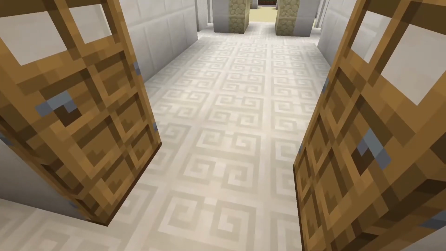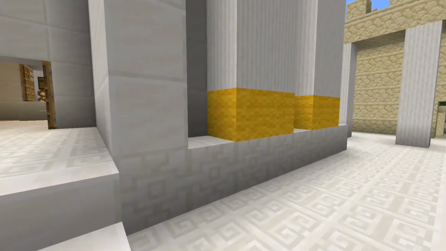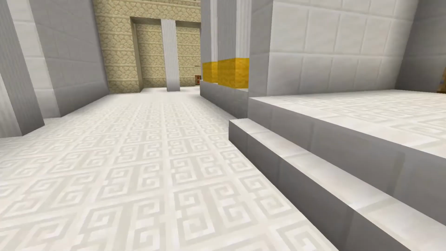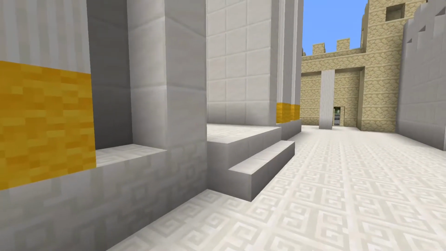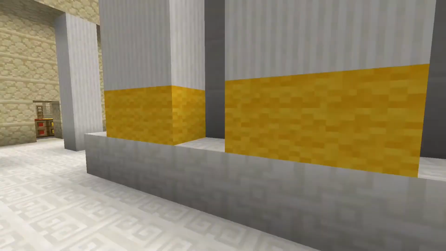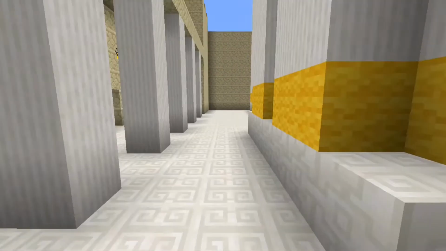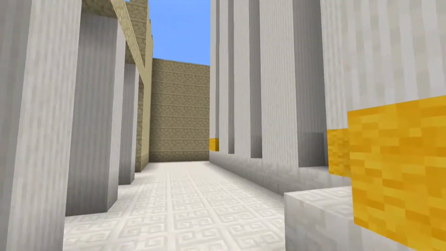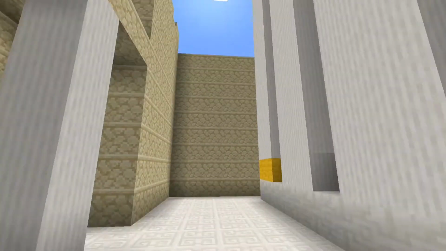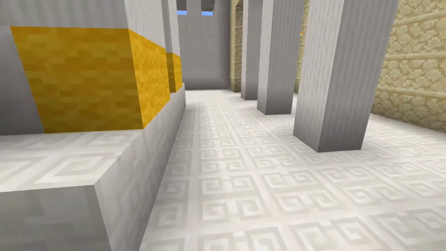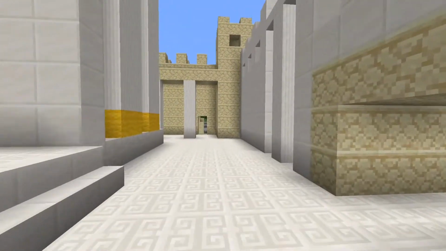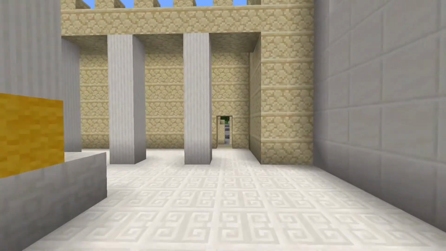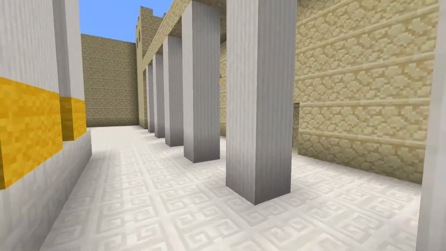When we go on the outside, you'll notice 12 columns representing the children of Jacob that Israel was built upon.